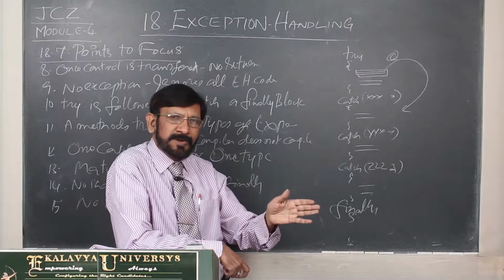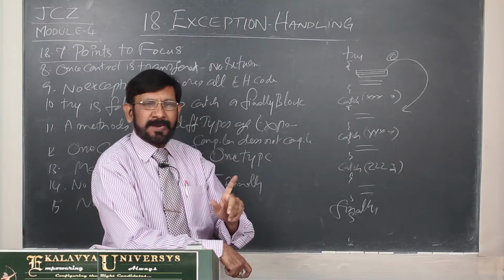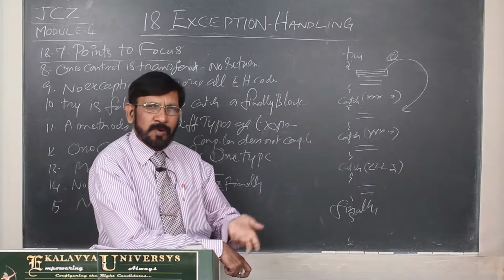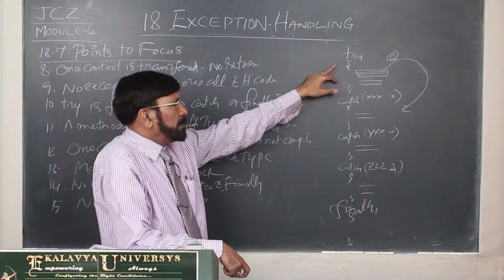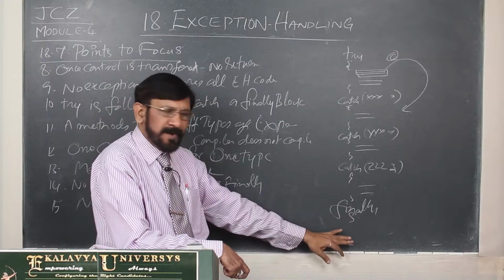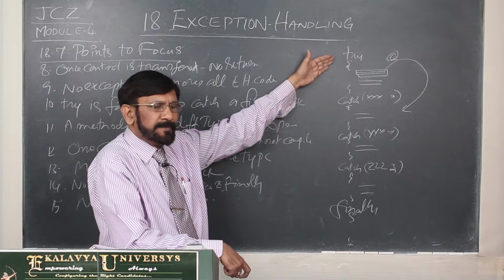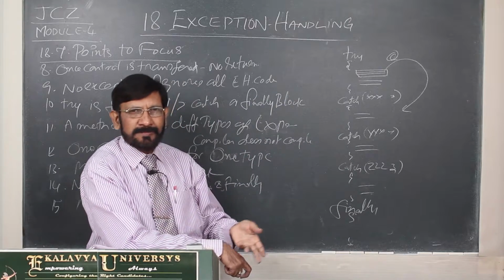So, what are the combinations available? Try with one catch, try with more catches, try with one catch or more catches and finally. Or what is the other alternative? Try and finally without any catch blocks.